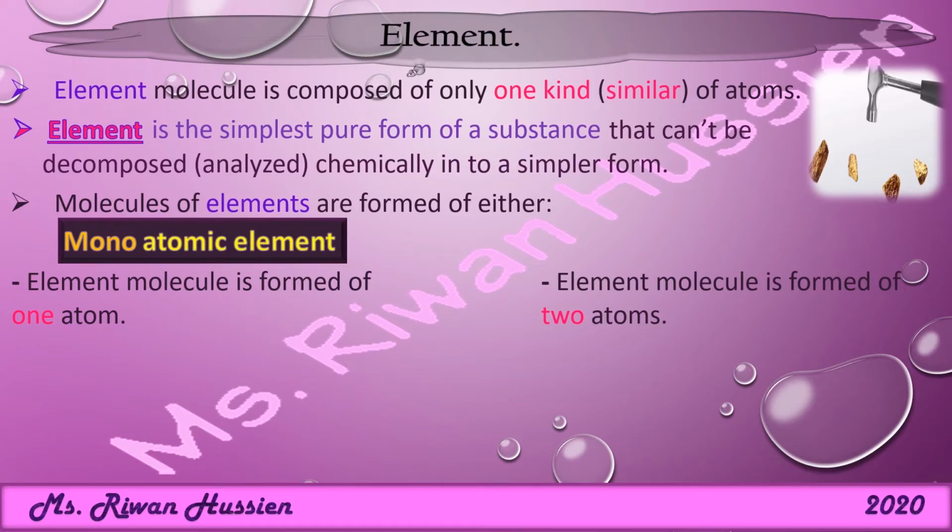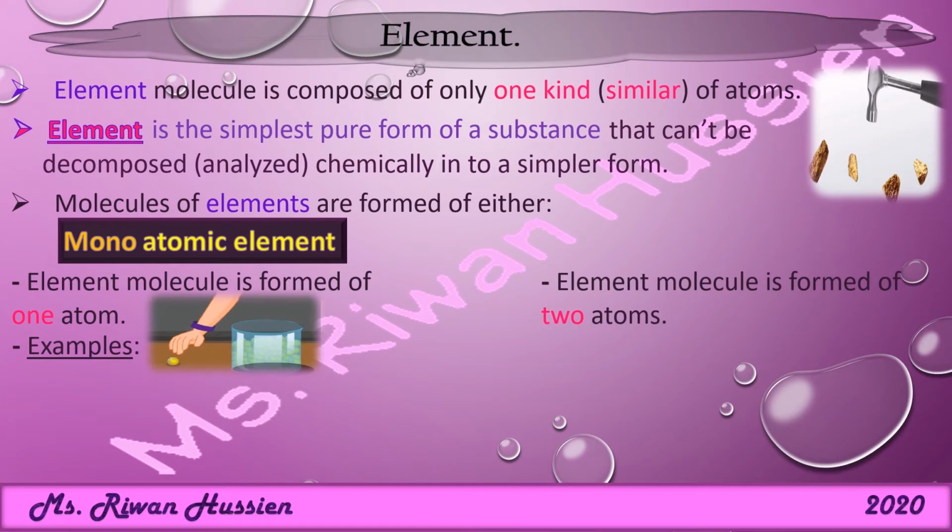Let's use some colored beads to understand how monoatomic elements look like. You know that the monoatomic element molecule is formed of one atom only. So here we go. One atom forms a monoatomic element molecule.